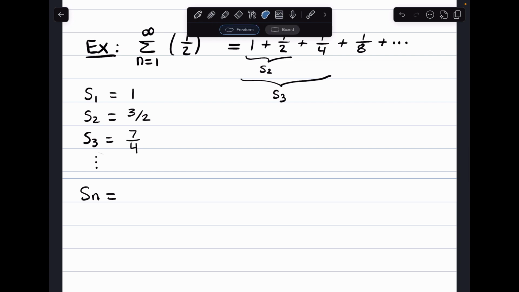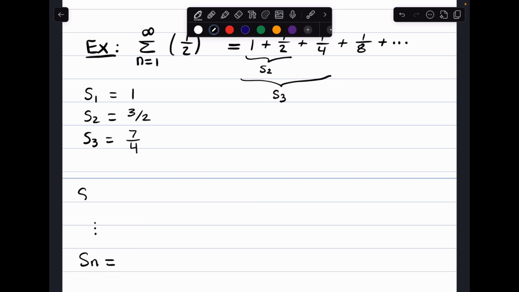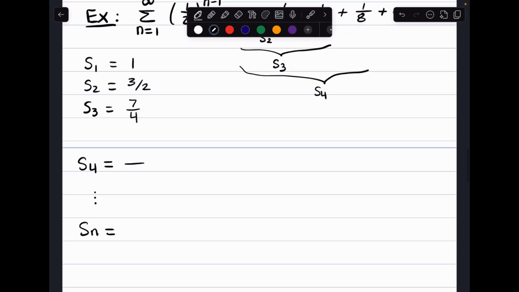And maybe we need a couple more terms to establish a pattern for S sub n. So let's do S4, which is going to end up giving us 15/8.